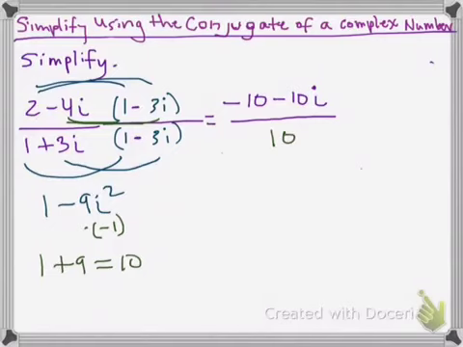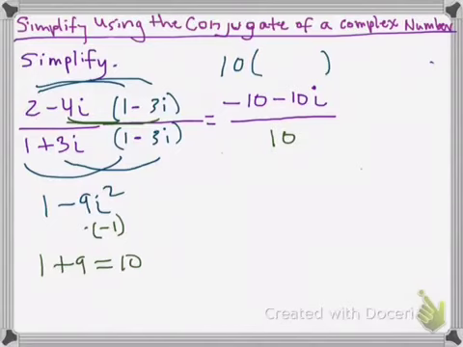Alright, now, after all that work, we aren't quite finished yet. We're finished with all the new stuff, using all the imaginary properties. But now I notice that I have a 10 and a 10 in the numerator, and a 10 in the denominator, so there's a common factor. My top two terms have a 10 in common.